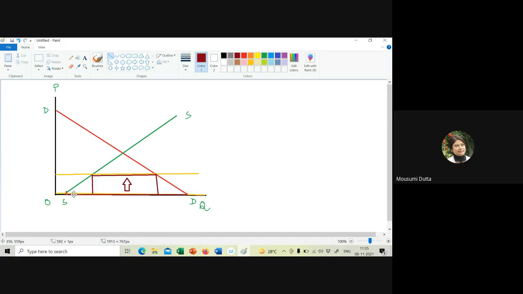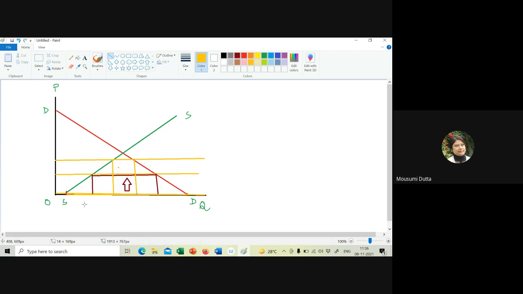This is the previous amount, and now this is this amount, so it is reducing. Now if the price moves up further to this level, again excess demand is falling. This is the volume of excess demand now.